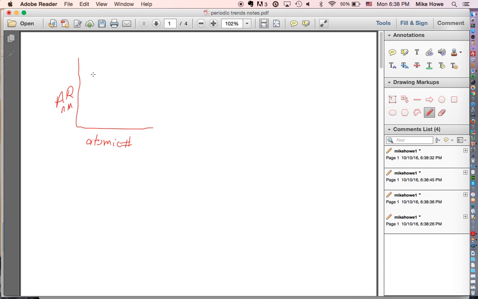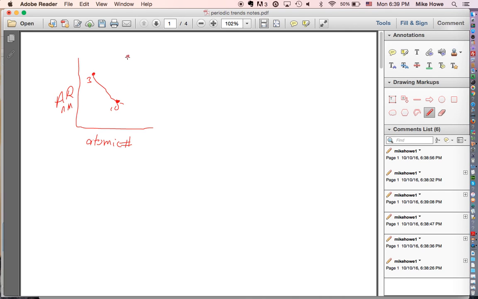I'm going to start with element 3, just making up a place to start. As you went from element 3 to element 10, the size goes down. So this is element 10, and that's a 3.